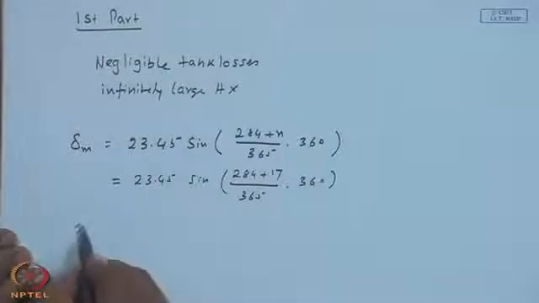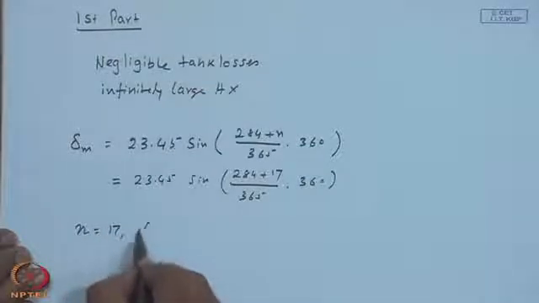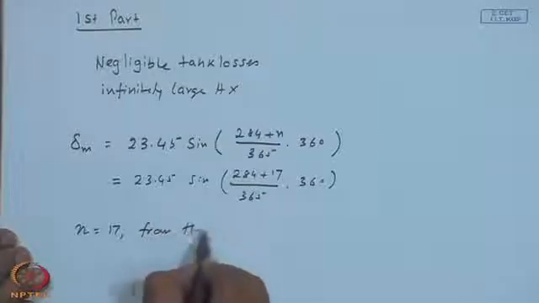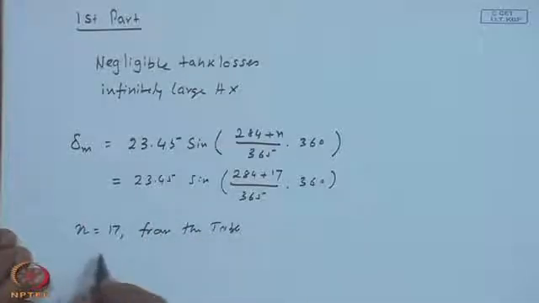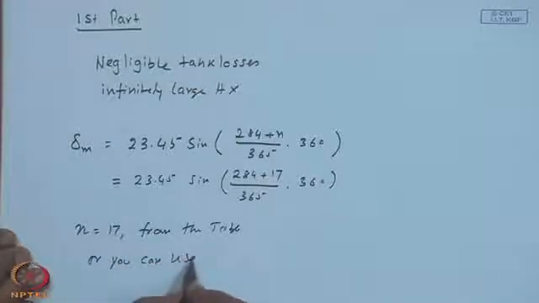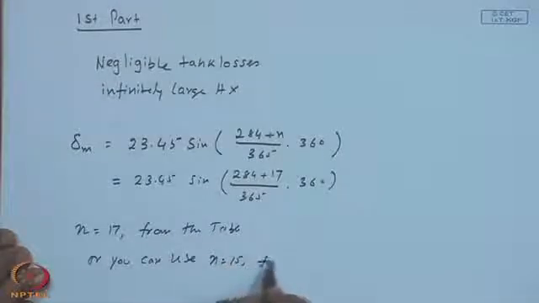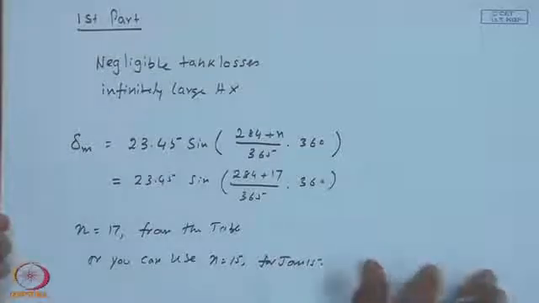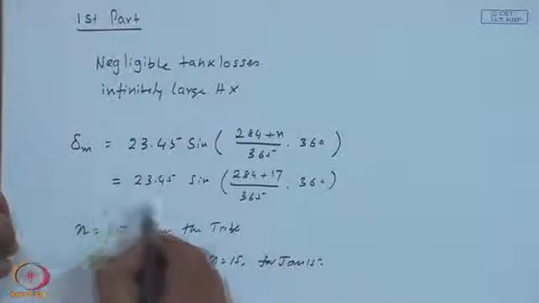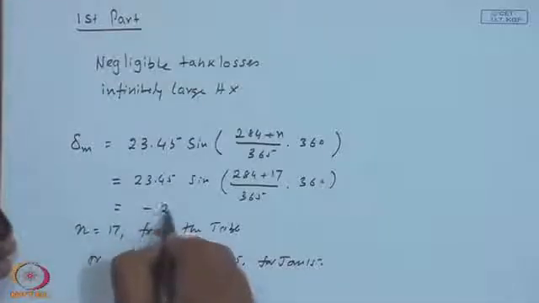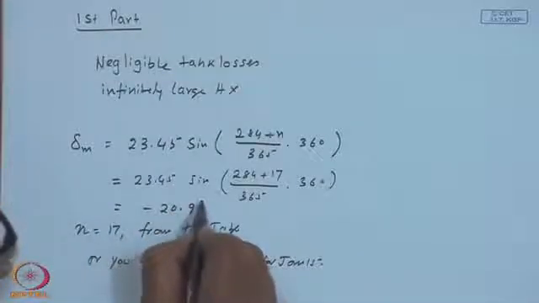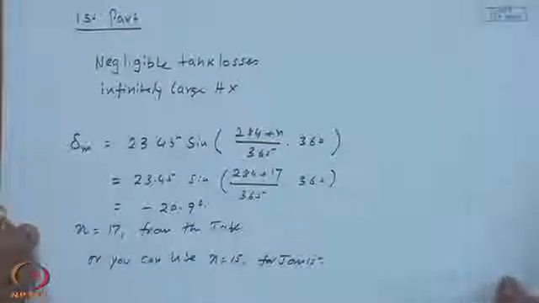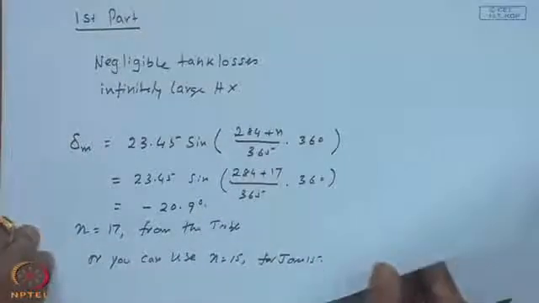Of course, n is equal to 17 from the table, or you can use n equal to 15 for January 15; it does not make a difference in the second decimal. That should be minus 20.9 degrees. It may be 0.88 or 0.92, I do not know the nonlinearity.